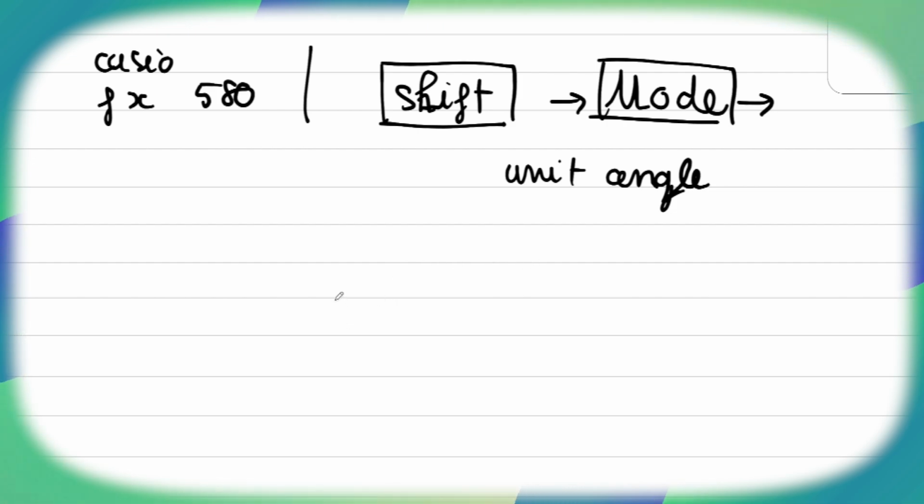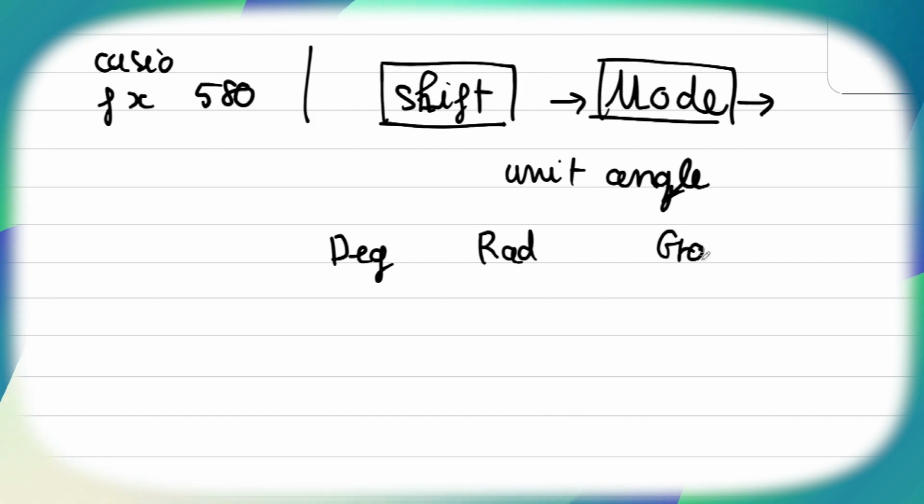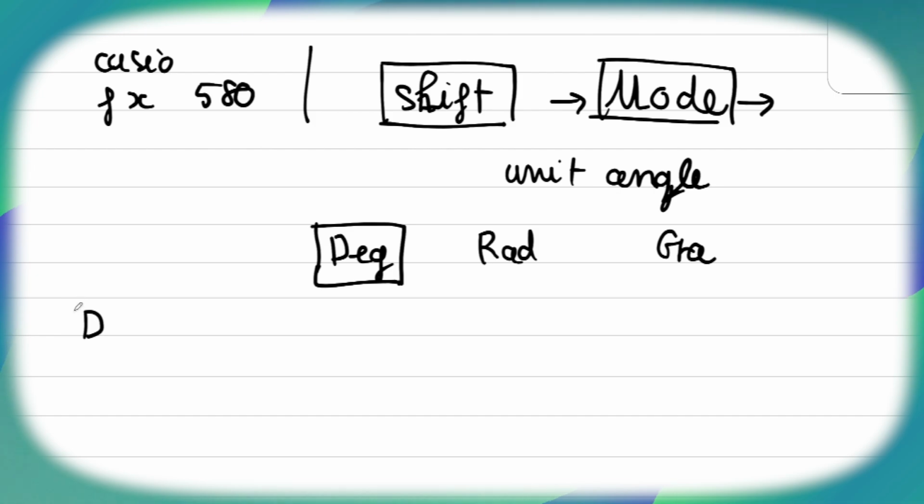Maybe you will have degree. It will be written down like this one. Maybe you will have the unit radian and the gradient in here. And now take the option for this choice, degree only. Yeah, and then on your screen you will see the D letter at the top of the screen. This means your calculator is using degree for angles.